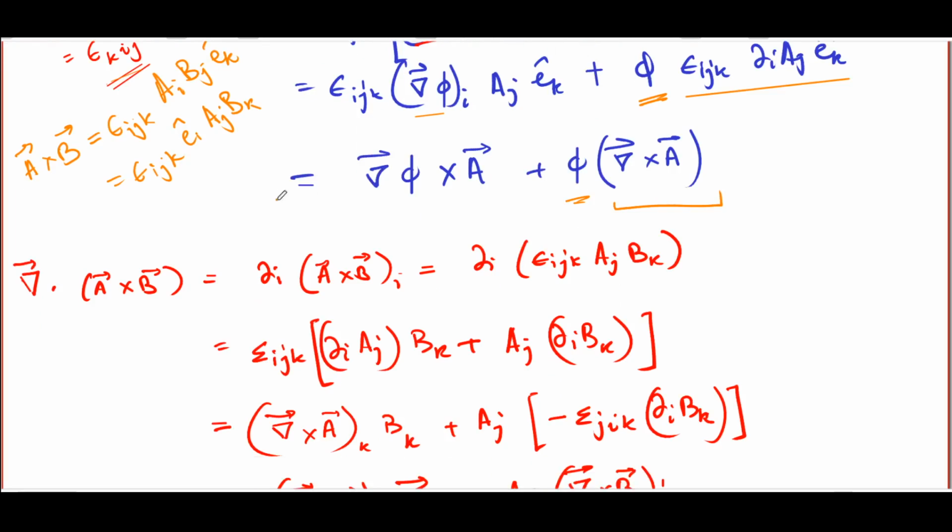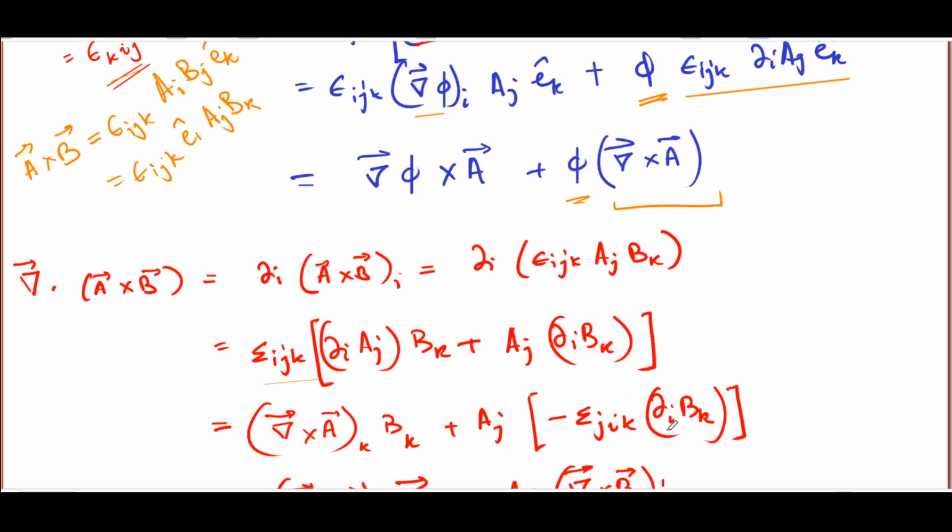So now let's look at the first term. It's epsilon_ijk del_i a_j. That's nothing but the kth component of the curl of A times b_k. So curl of A's kth component times b_k. That's the first term. Now the second term, well, a_j is something you can leave outside and take the epsilon_ijk with the del_i b_k.